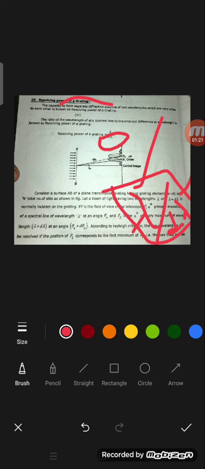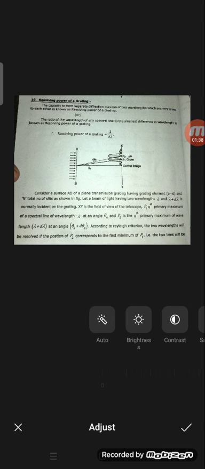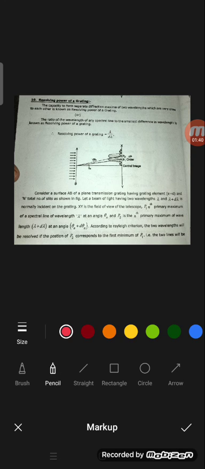Suppose two maxima are there for two wavelengths, the capacity to form separate diffraction maxima from the given two wavelengths is known as the resolving power of a grating. Now we are considering a plane transmission grating AB having grating element e plus d, with N number of slits, as shown in the figure.